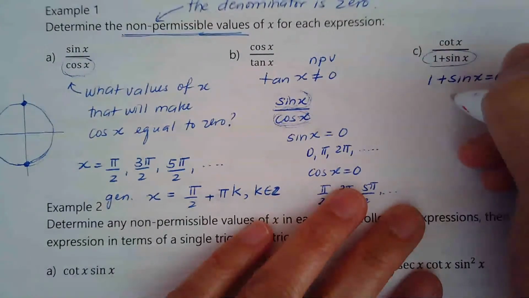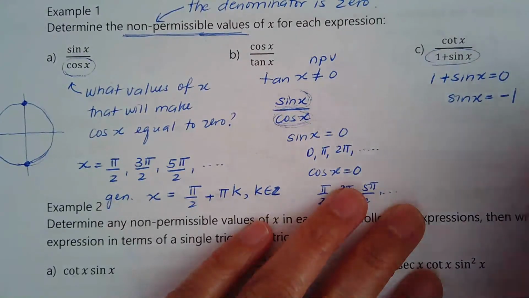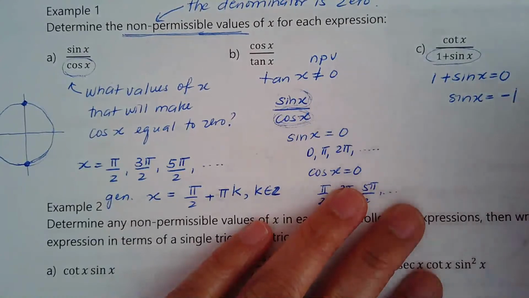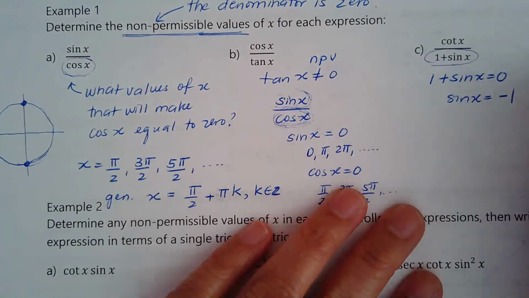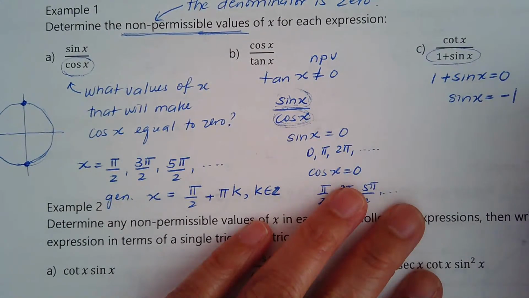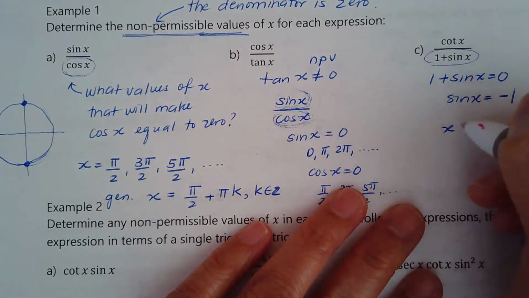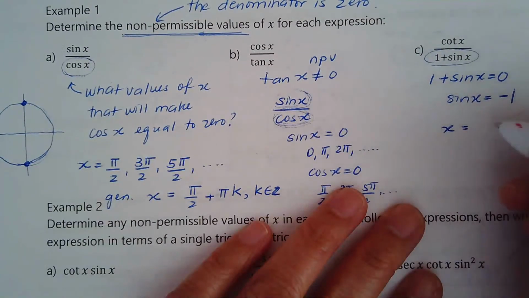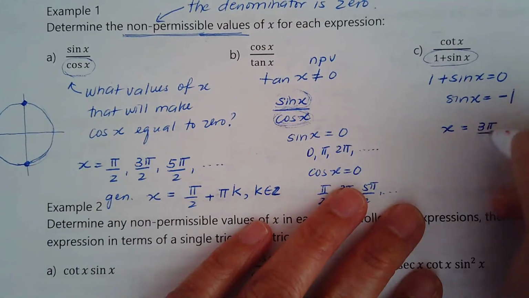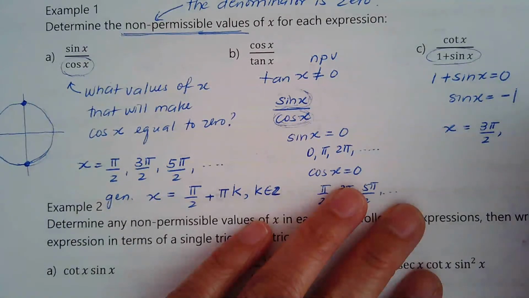Well, sine of x equals negative 1. Where is sine of x negative 1? Sine of x is negative 1 over here at 3 pi halves. So x is equal to 3 pi halves.